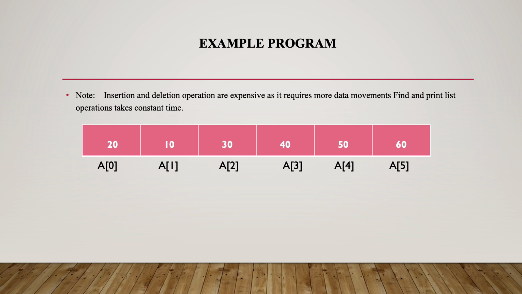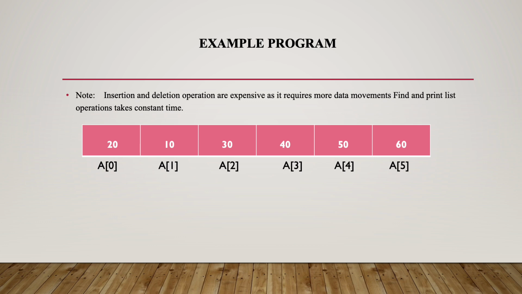For example, A of 0 means the first place in the array, A of 1 means the second place, and so on. Let's say we store numbers in this array: A of 0 equals 10, A of 1 equals 20, A of 2 equals 30.